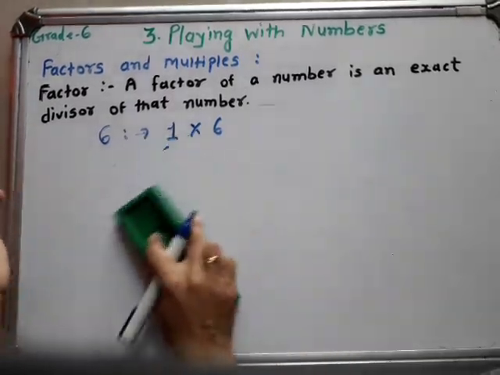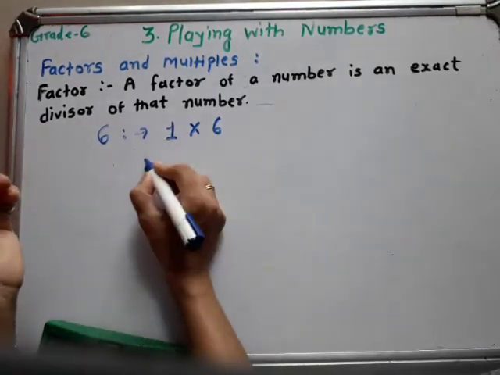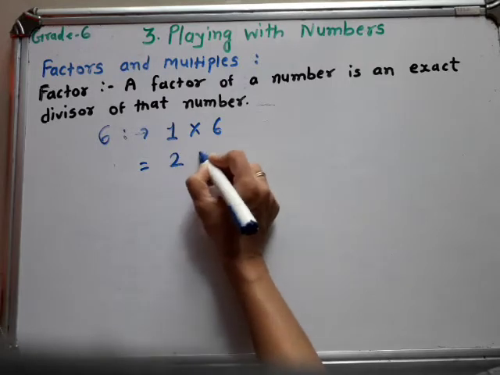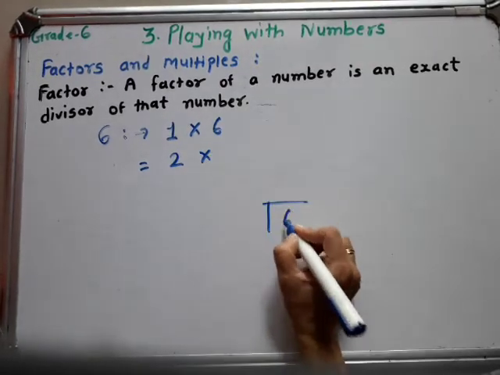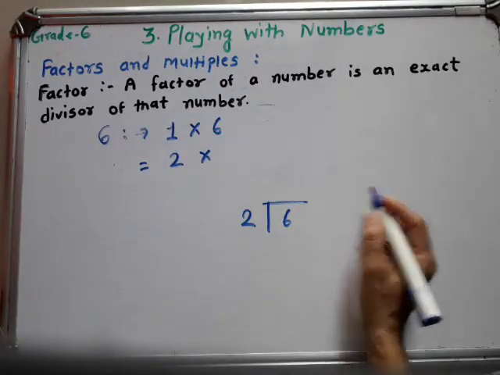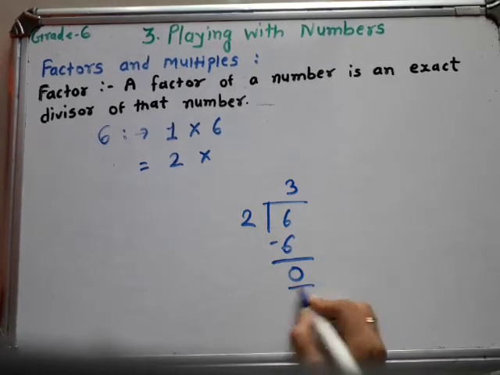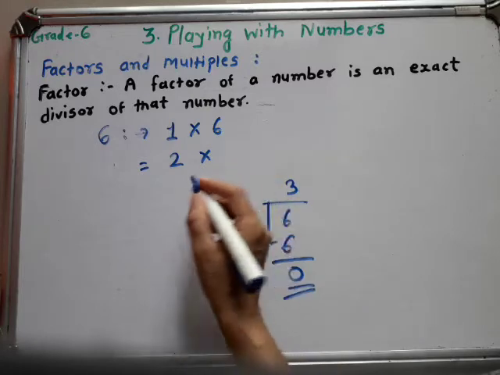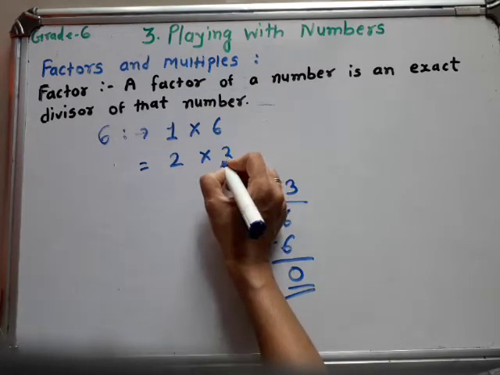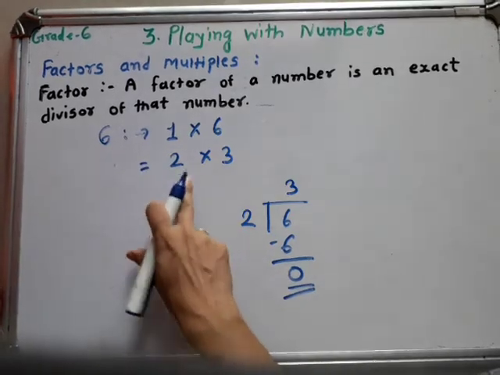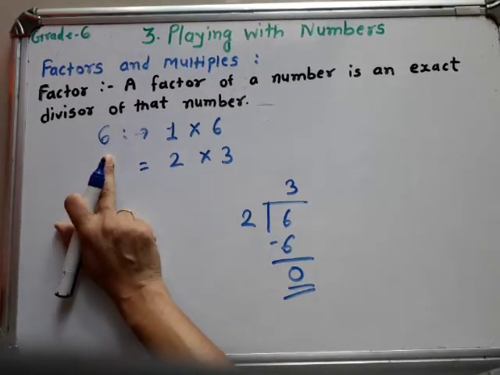Now we take the second number, that is 2. We take the table of 2. 6 divided by 2. 2 3s are 6. Again we get remainder 0. So 2 is a factor of 6.